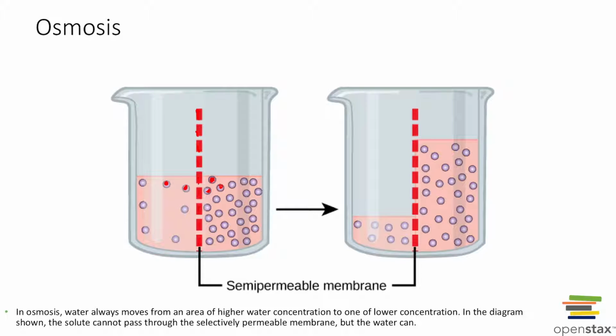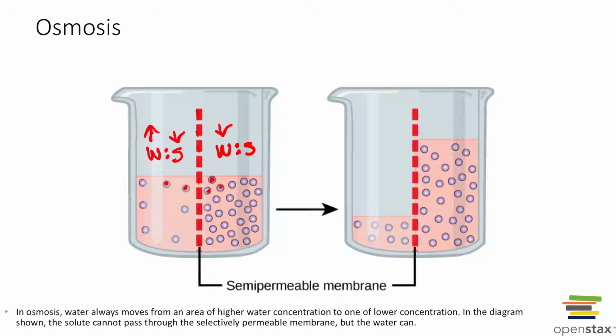But what can move across the barrier is water. So on this side of the barrier, our water to solute ratio, water is very high while the solute ratio is low. But on this side of the barrier, the water is really low in relationship to the solutes. So again, with diffusion, we want something to go from high to low.